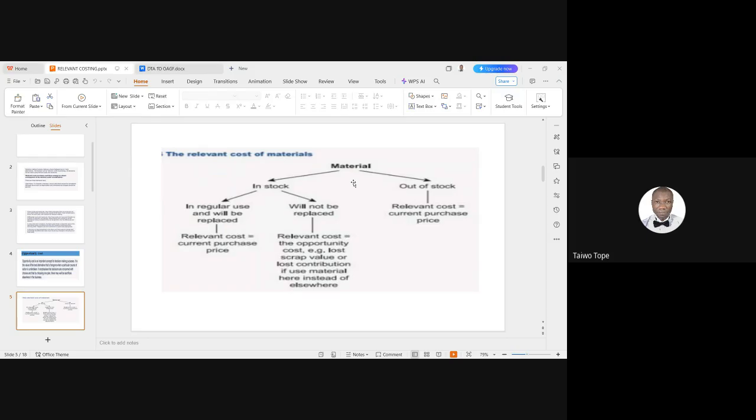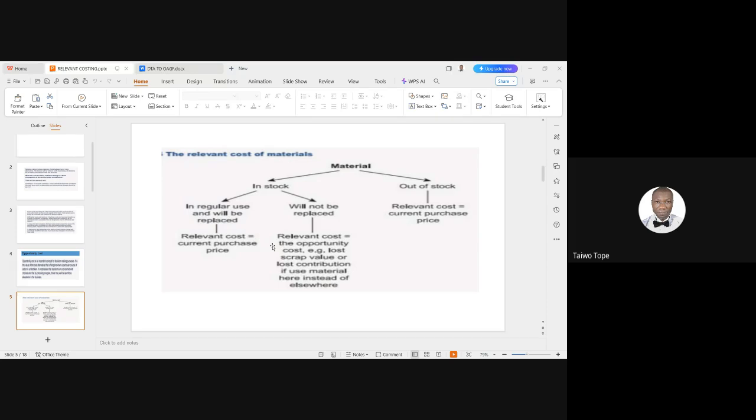Please take note of that. If the material is in regular use, it means as you use it, you keep replacing. So the replacement cost will be the market value prevailing as at that point in time.